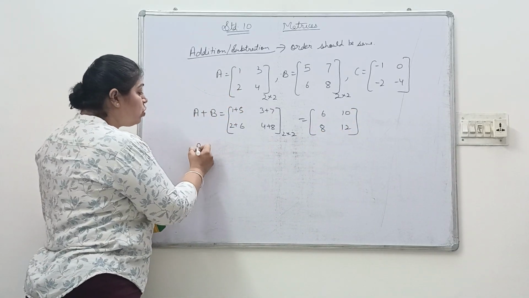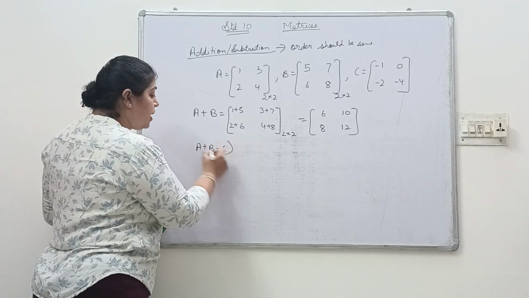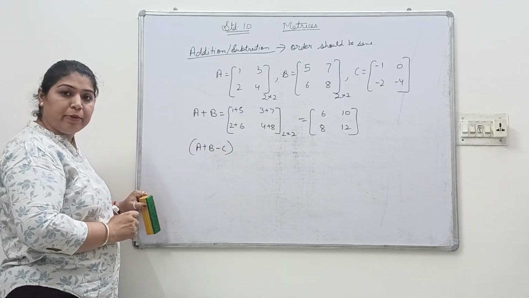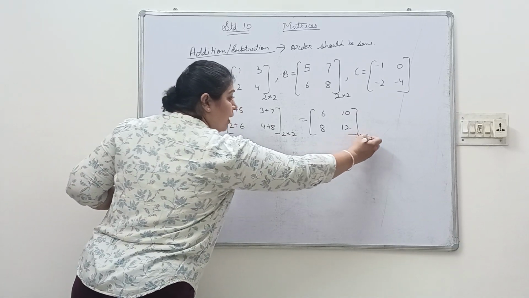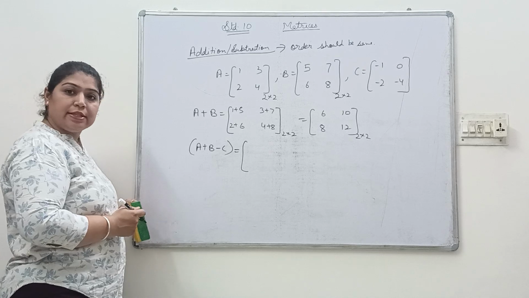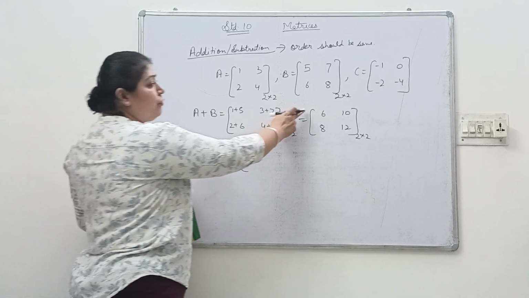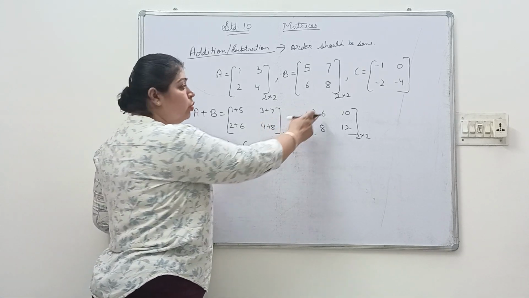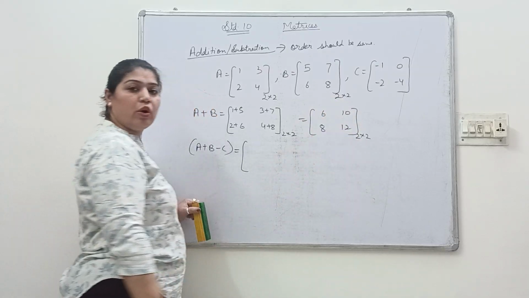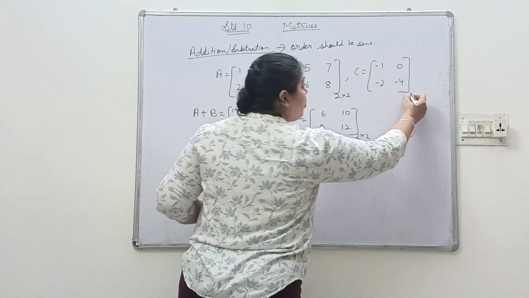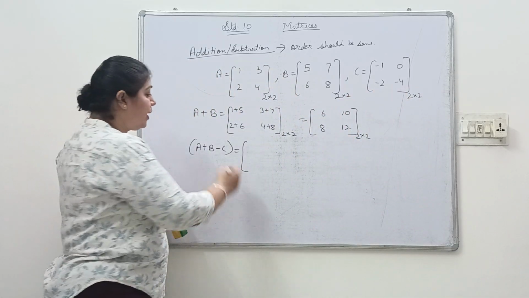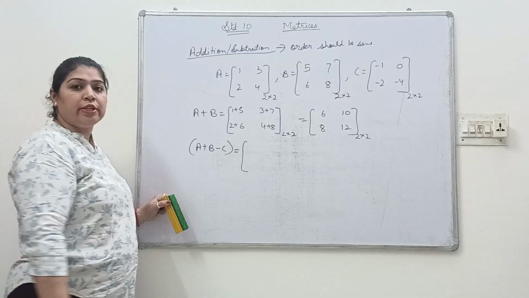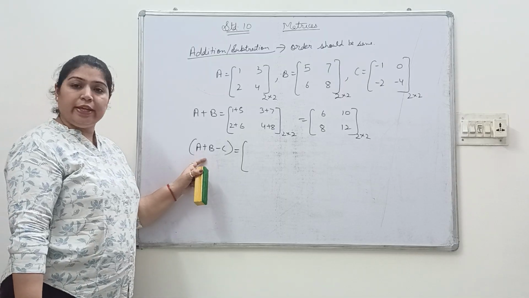And if I want to subtract the matrix C from the addition of A plus B, then we also need to check again that the order of A plus B and C is the same. Number of rows in A plus B, 2. Number of columns, 2. So it is having order 2 by 2. Same for the matrix C, it is also having order 2 by 2. That means we can easily calculate.